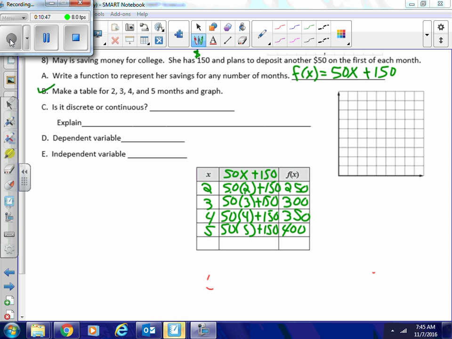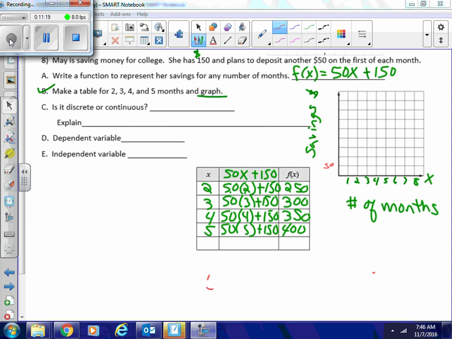But we also need to graph. But to graph, we should also be labeling our axes. So our x-axis would be our number of months, and our y-axis would be our savings. And we would measure those in dollars. Well, our number of months we can count by ones. And our savings we can count, let's see, there is room to count by 50s, so that's what I'm going to do.